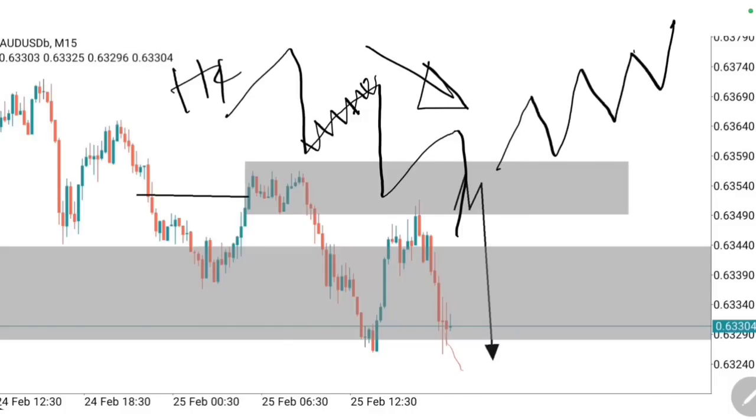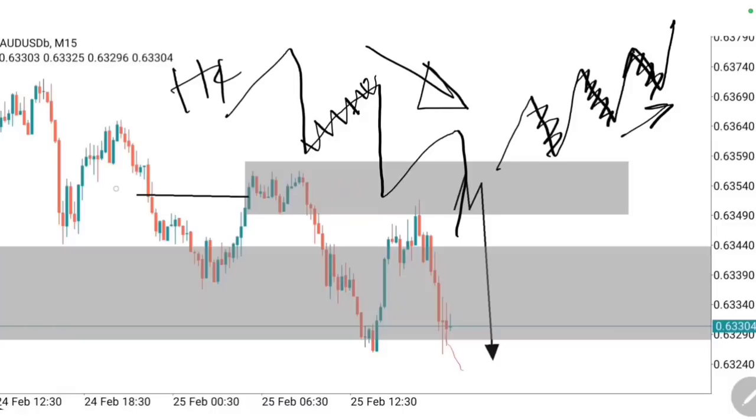And this is also true for a bullish market. If the market in my H4 time frame is bullish, I could take sell trades on the correction to the demand zones of the bullish H4 time frame. All these ones could be sell trades, which are corrections. So you can trade the correction of a higher time frame on a lower time frame in the opposite direction. You can take the correction of the market structure of the H4 or D1 time frame on a lower time frame in the opposite direction of the higher time frame.